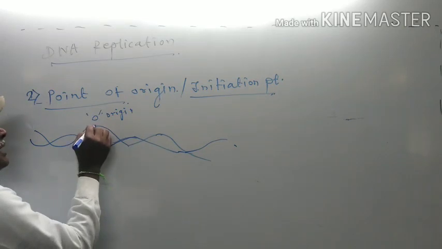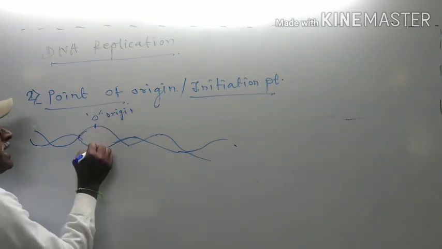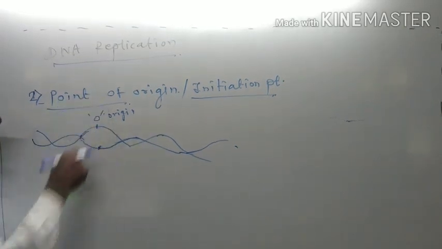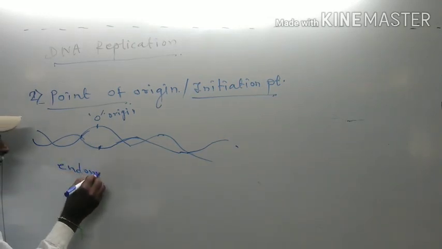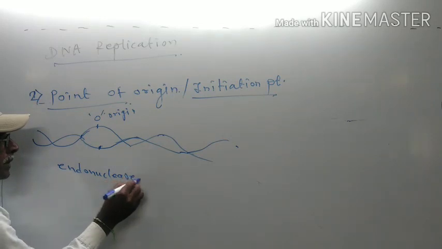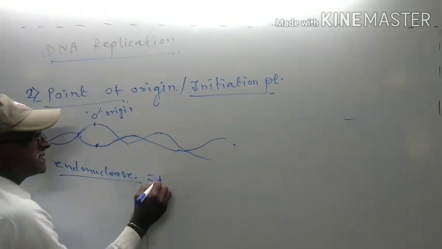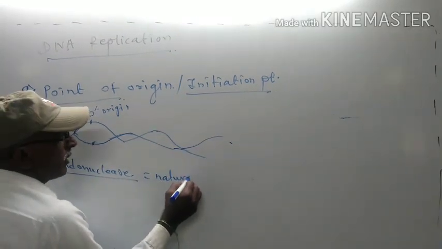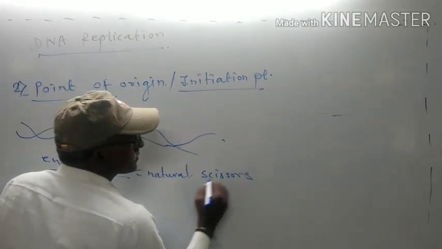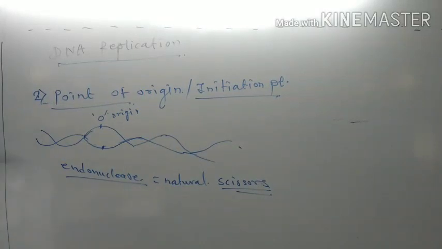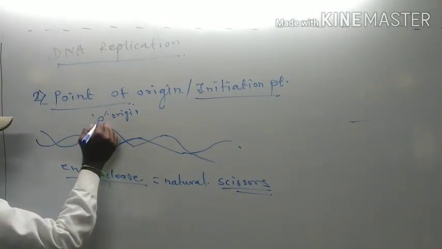At this point, endonuclease enzyme gives a cut, and that endonuclease enzyme is called natural scissors.